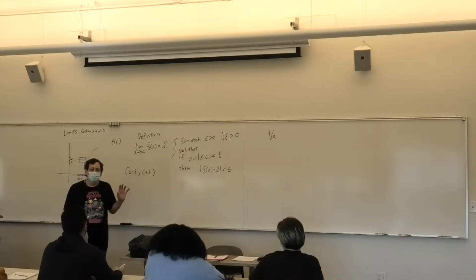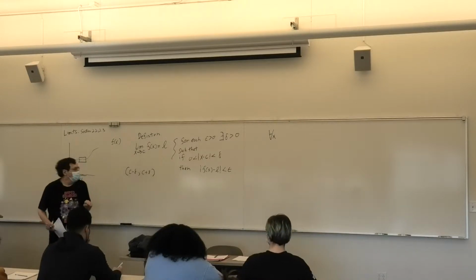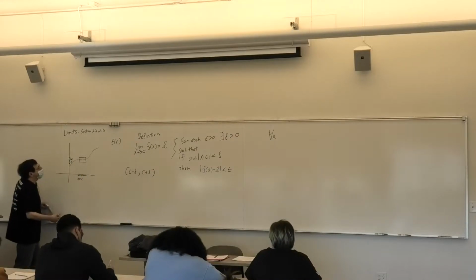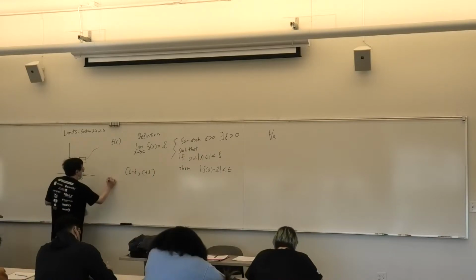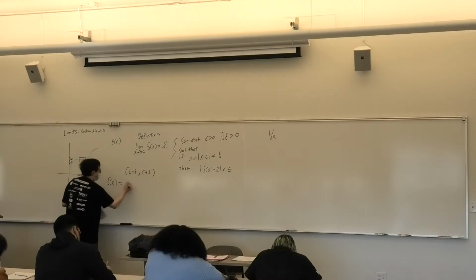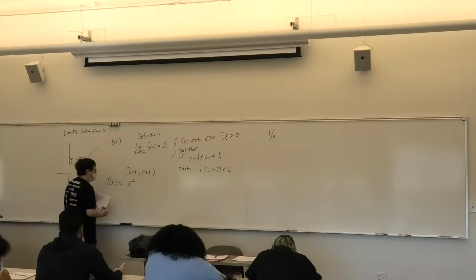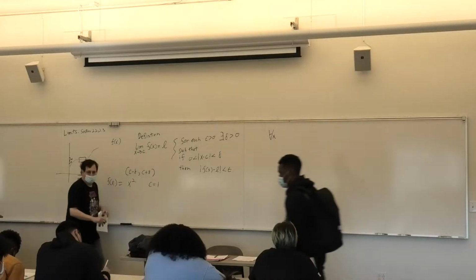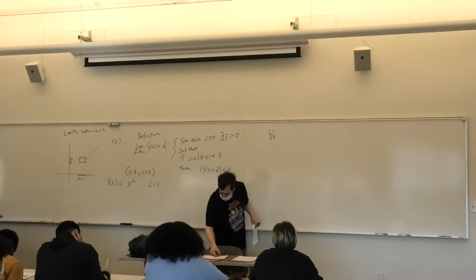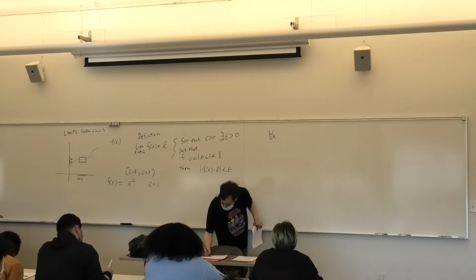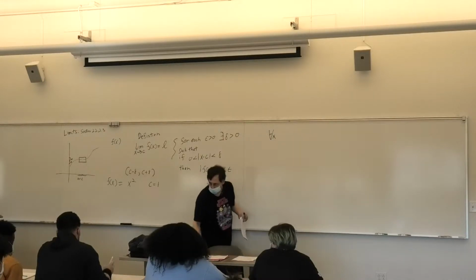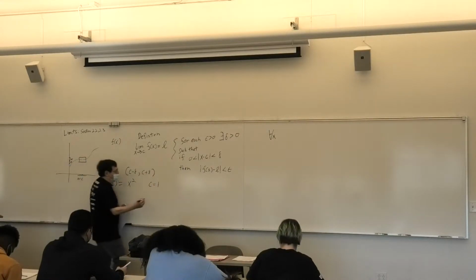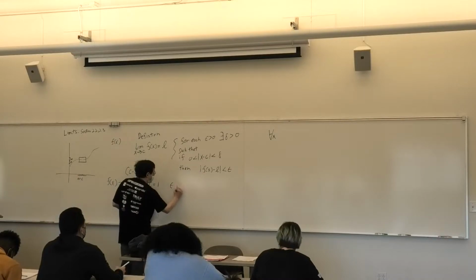So we're going to go over it for a minute or two, just so you get a feel for it. Let's say my f of x is x squared, and my c is 1. And let's say my epsilon is 0.1.